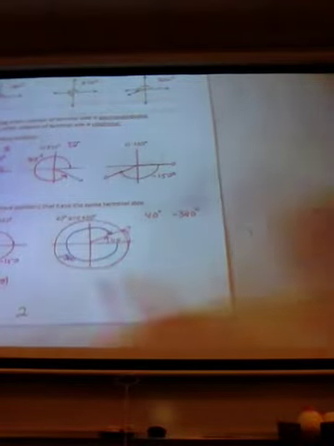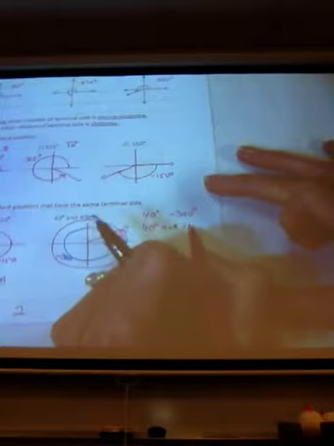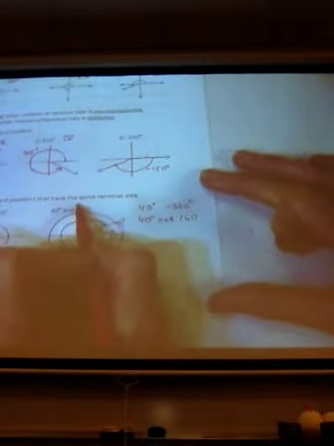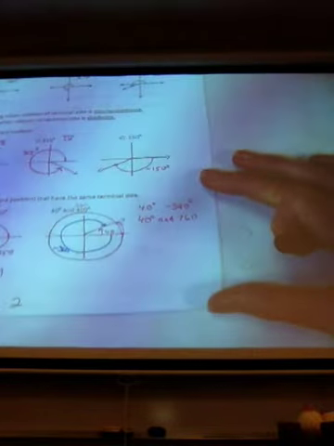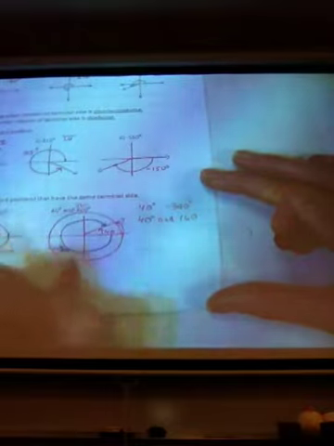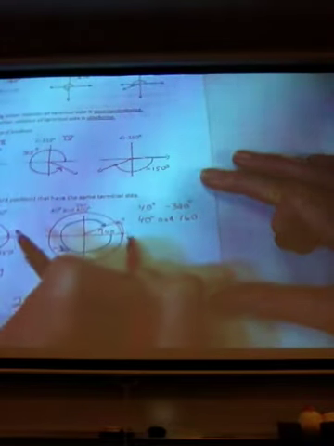How about if I would say 40 and 760? How did I get that? I just added 360 to this, right? Here was our 400. It went around once, and then we added 40. This was 400 right here.